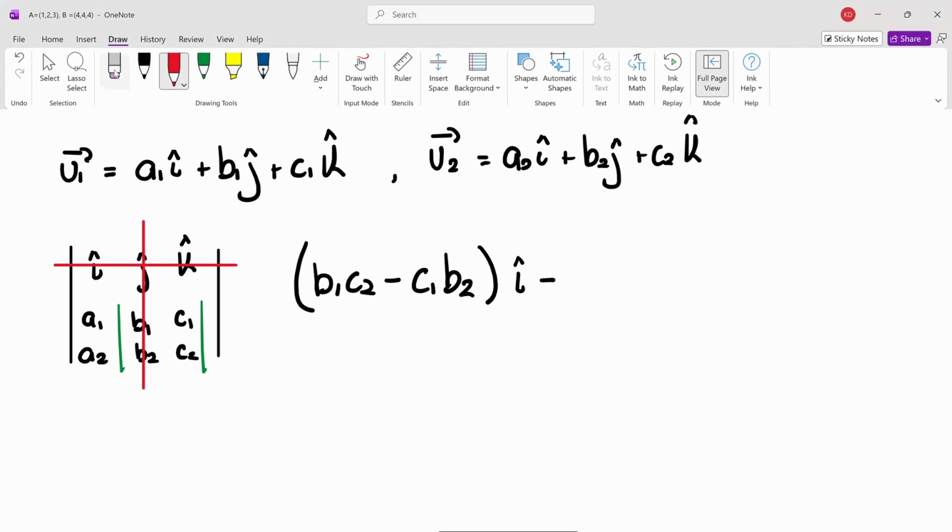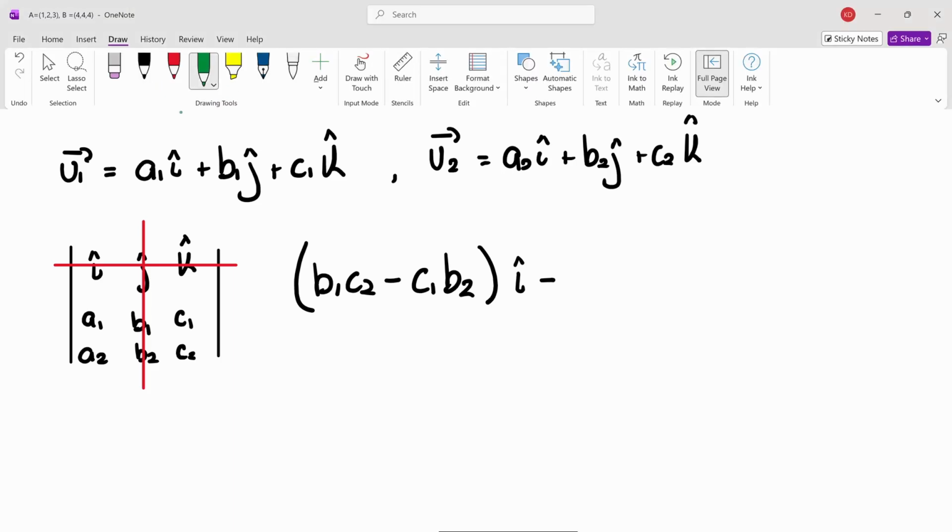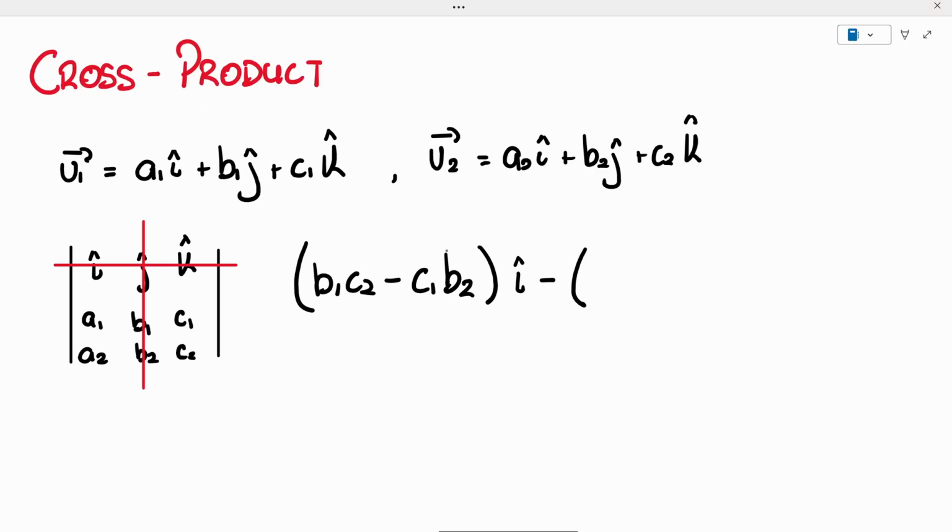So now we need the determinant of the remaining, which is a1, a2, c1, c2. So open bracket, we take the product a1 times c2 minus the other product c1 a2. Right, and we multiply that by the one we blocked, which was j.